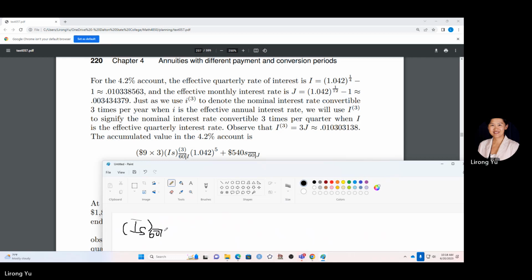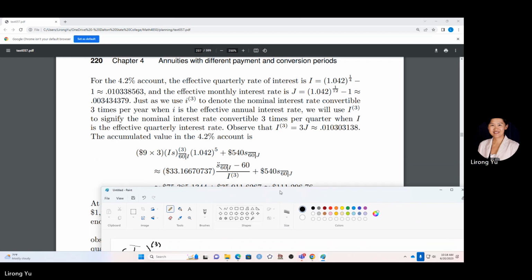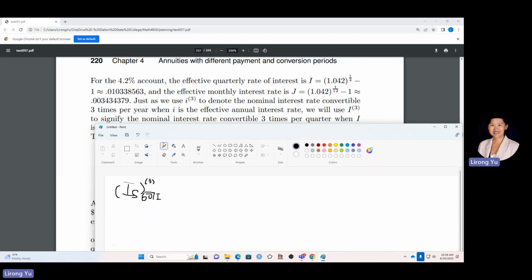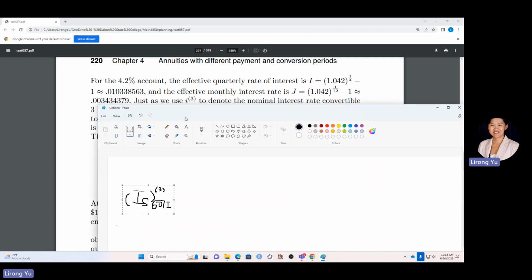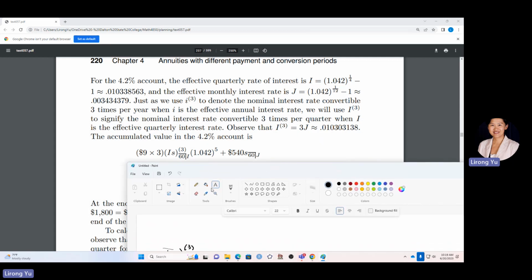60 I and then 3. This is already given in here, but it doesn't really provide details. So if you want to know how those numbers are coming from, I can try to explain. First is the 9 times 3 times 1.045 to the power 5. So if you take 9 times 3 times 1.042 to the power 5, that is equal to this.